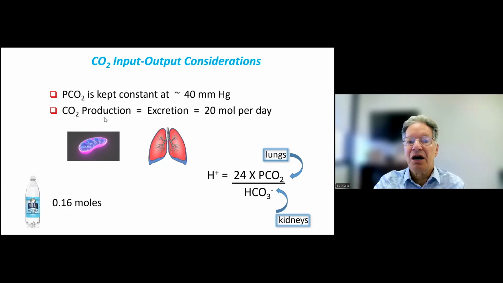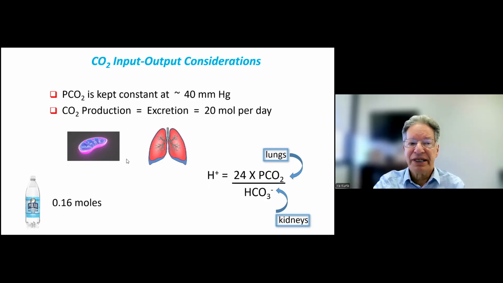And the production comes from the mitochondria, from the Krebs cycle, and the excretion comes from the lungs. And mathematically, it's around 20 moles a day. All the mitochondria in our body are producing about 20 moles a day of carbon dioxide, which get excreted by the lungs. Just to give you an example, there's 0.16 moles of carbon dioxide in a bottle of seltzer. So it's a much greater amount.